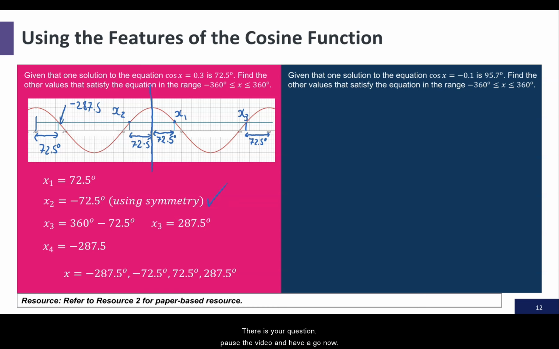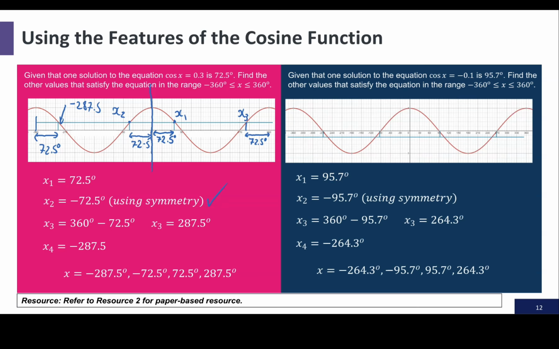There is your question. Pause the video and have a go now. Here is the solution. The first solution came from the calculator at 95.7. So I can use some symmetry to get the second solution.